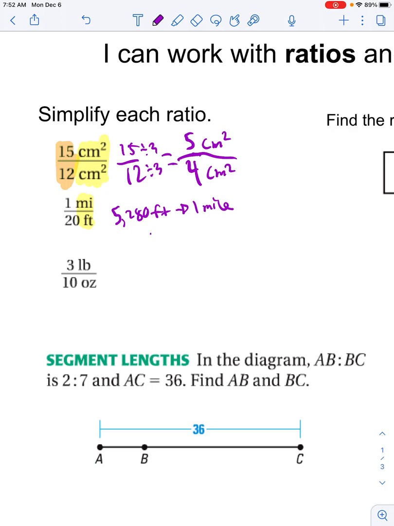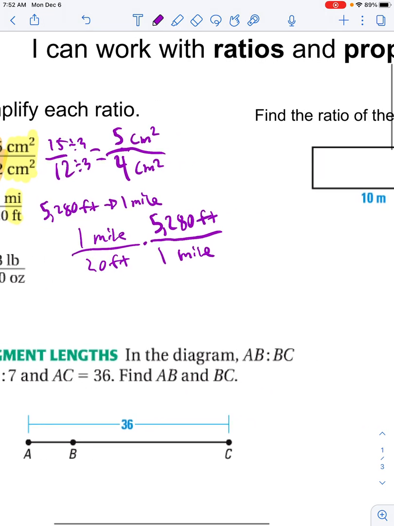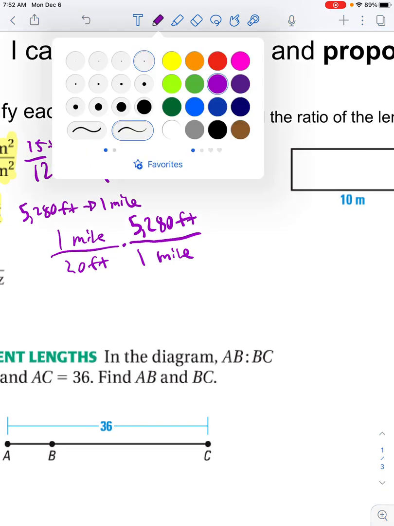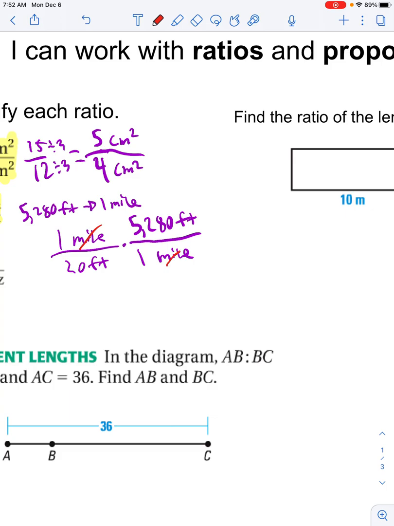So again, this says 1 mile over 20 feet. I'm going to go ahead and change this mile into feet by doing, okay, miles is on top, so I'm going to want to cancel it out, and I'm going to cancel it out by writing 5,280 feet on the top. So if I just look at my units, miles divided by miles cancels out.